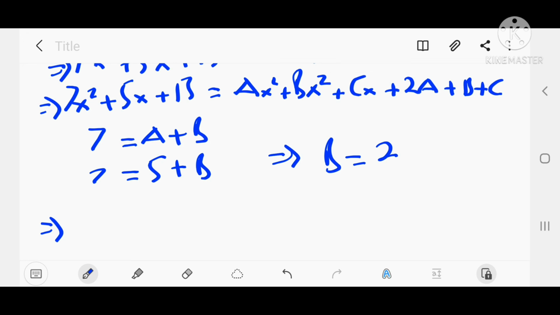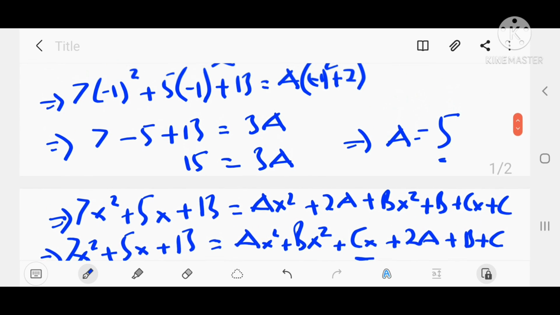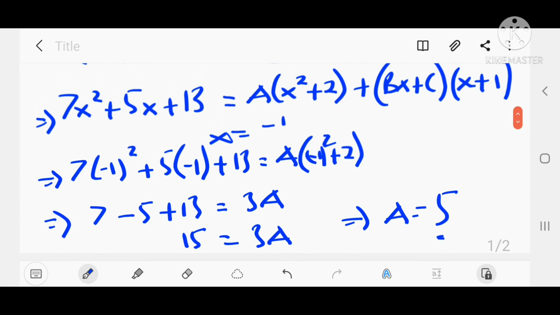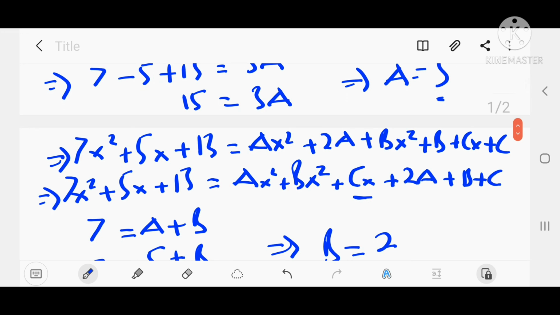Good. So the next one, we are looking for the c. Sorry, let's wait, there's something missing. The bx here, so bx here.